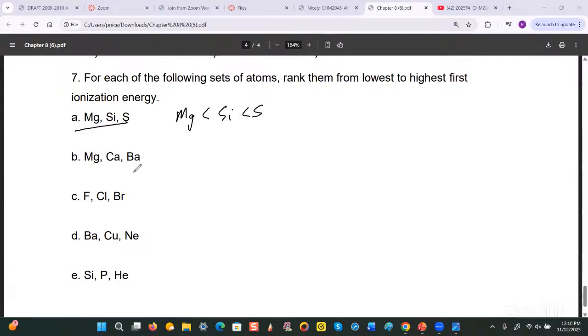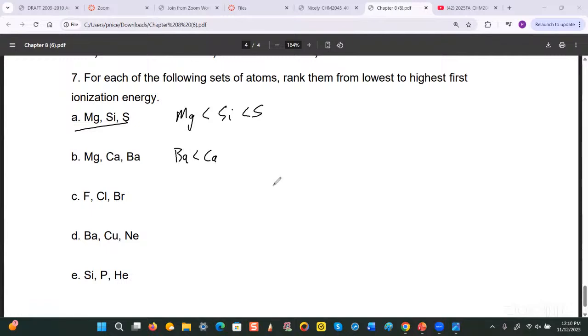What about B, magnesium, calcium, and barium? Which would be the lowest? The lowest would be barium. Barium, followed by, and then of course, okay, somebody's responding here. Okay, so who is this now?